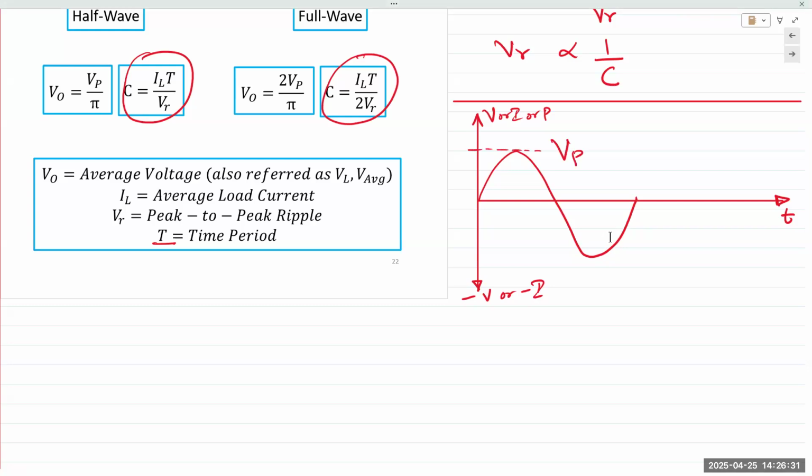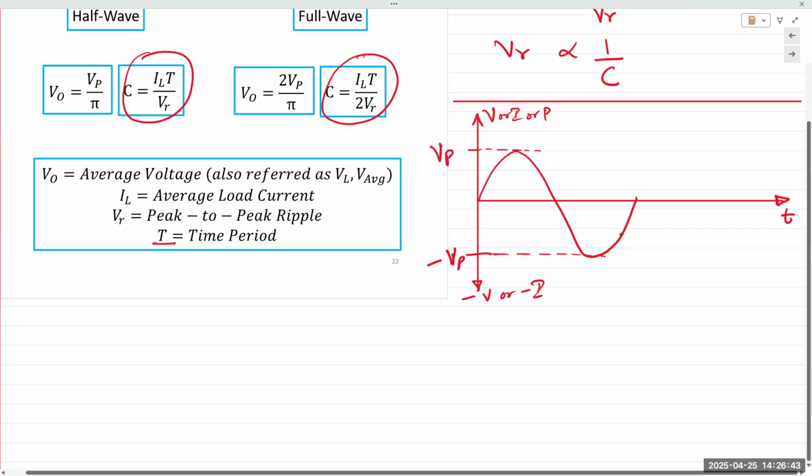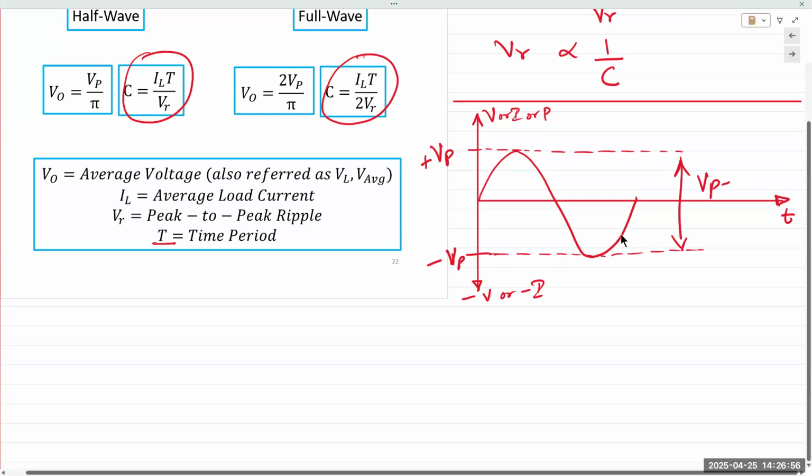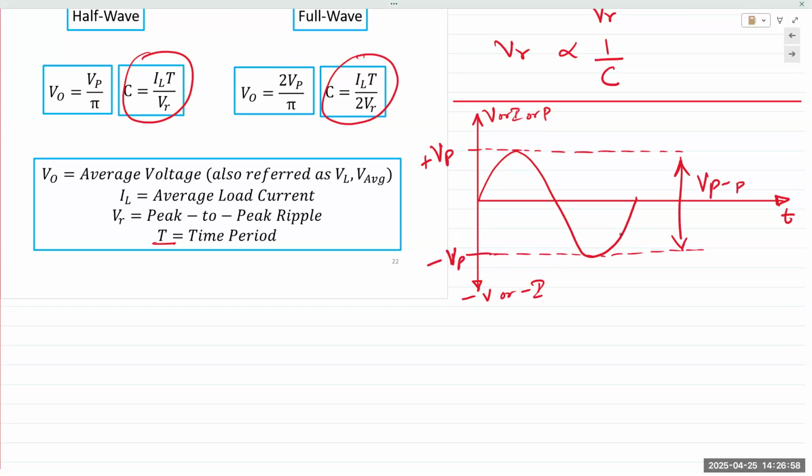And let's say this is minus VP. This would be peak to peak values. Okay.